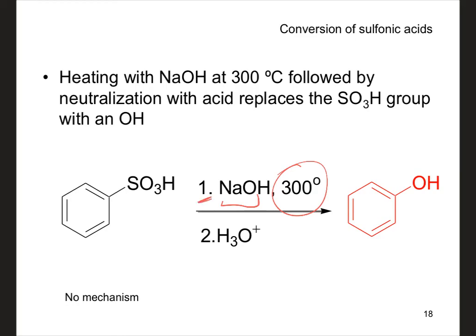Notice they have shown 2 steps, right? Because as a result of the first step, that SO2 gas is given off, and you first get the phenoxide, and then that phenoxide simply exchanges a proton with the hydronium ion. So the negative pulls the proton, water is lost, and you get phenol.